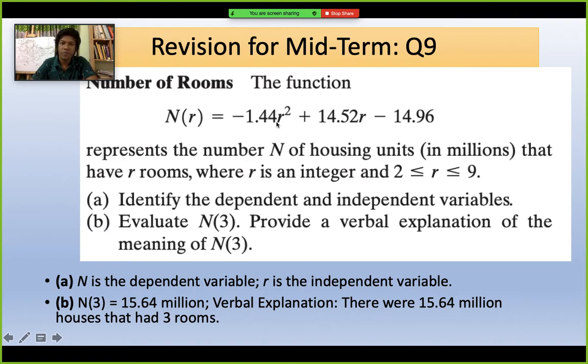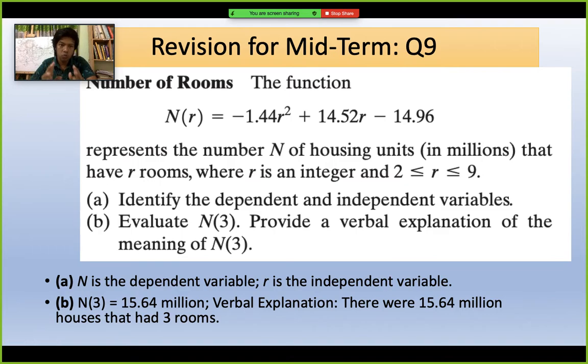So here the function is given. The function n of r equals this, and represents the number of housing units that have r rooms, where r is an integer between 2 to 9. That means the representation of this math tells us that in every city there are many small houses.